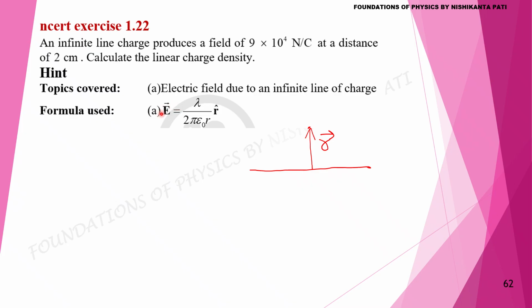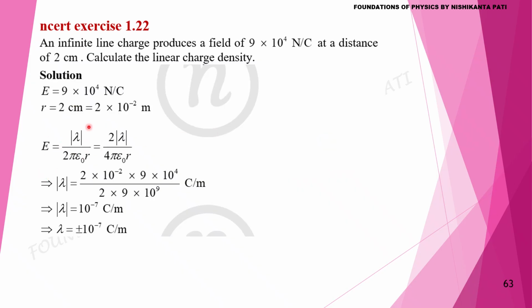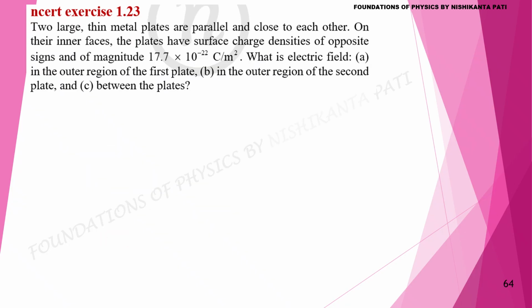So the magnitude of electric field is lambda mod by 2 pi epsilon 0 r. So E is given, r is given, you know 1 by 4 pi epsilon 0. So 2 multiplied, 2 divided, so 1 by 4 pi epsilon 0 value you can use directly. Lambda mod will be found. Lambda is asked, which can be plus or minus 10 to the minus 7 coulomb per meter.